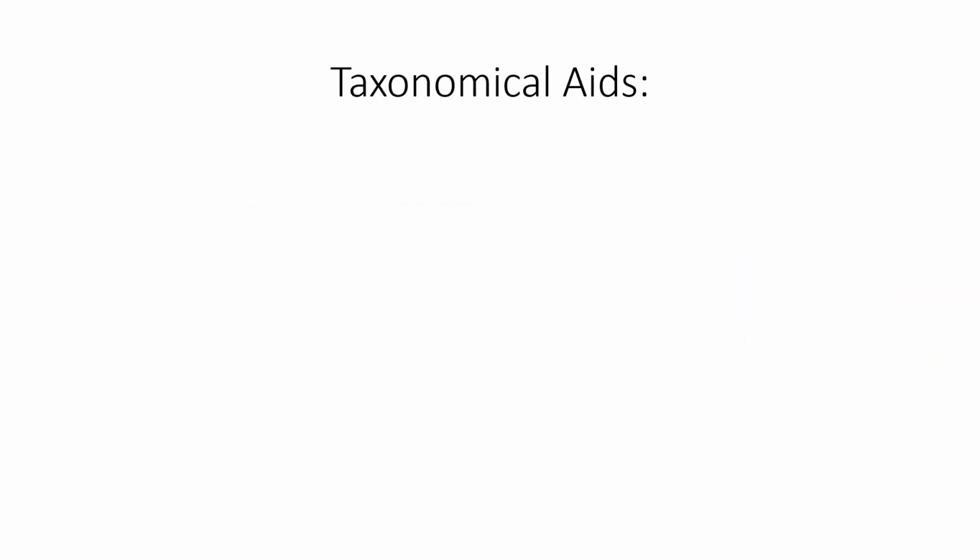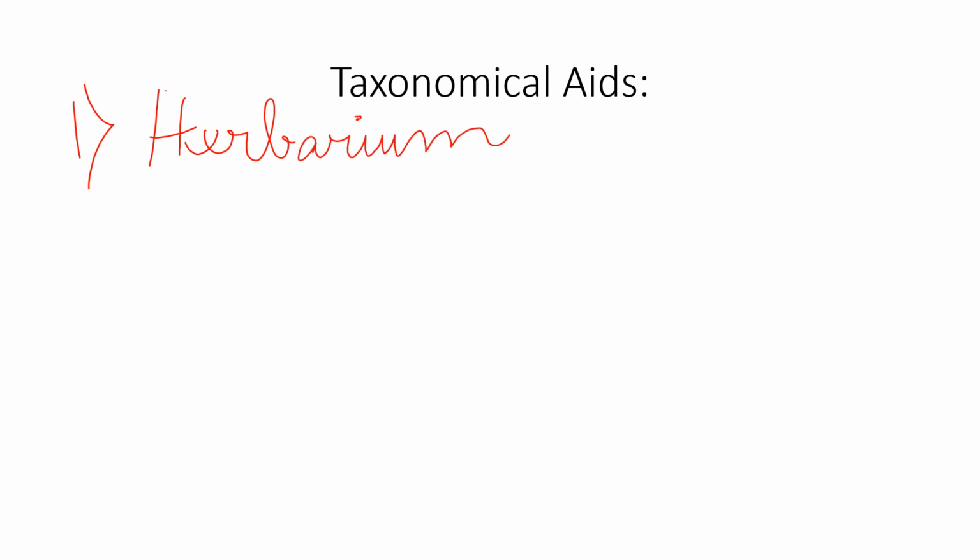Now what are the various taxonomical aids? The first taxonomical aid is herbarium. Herbarium is a storehouse of collected dried plant specimens.